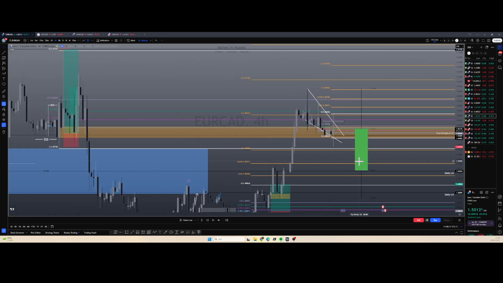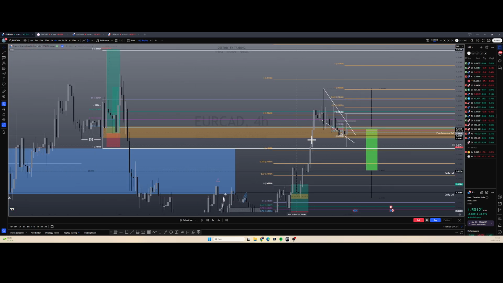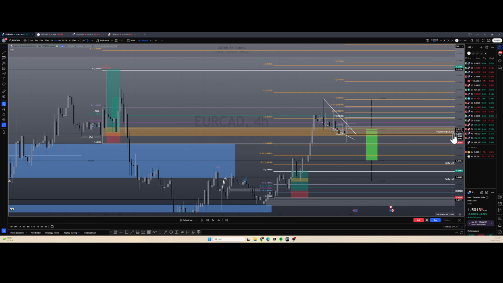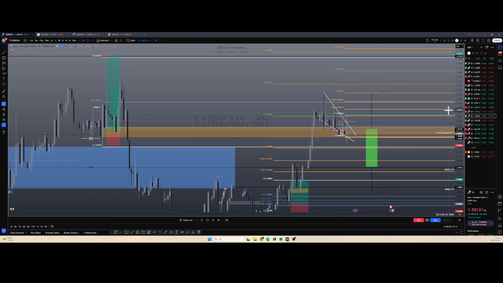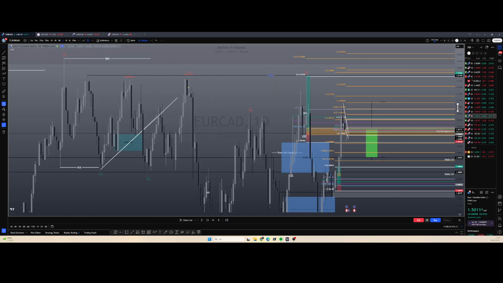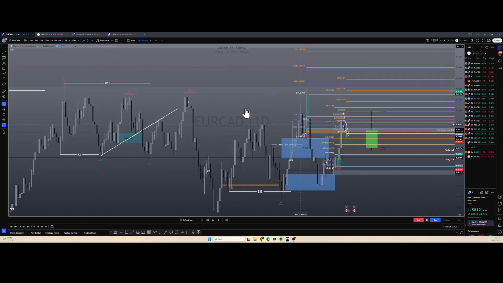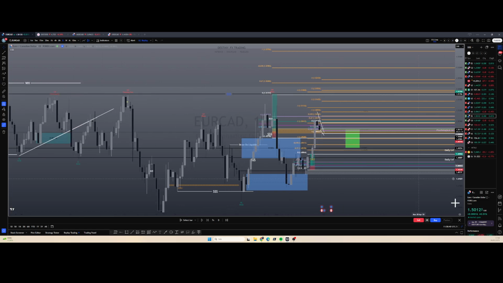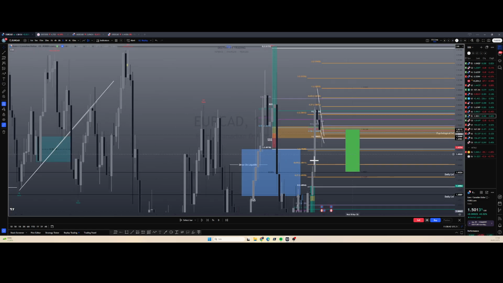I'm quite sure that this would just push up, because what we are seeing is we do have equal lows, equal highs here. We are in this daily busy trading range right now.